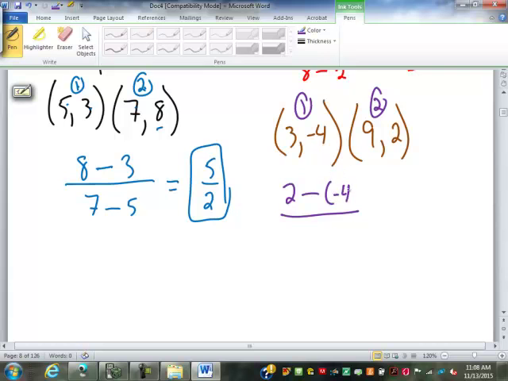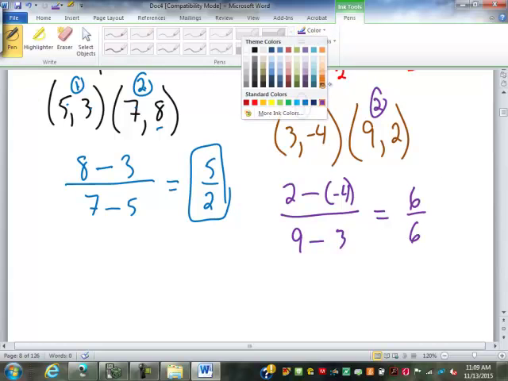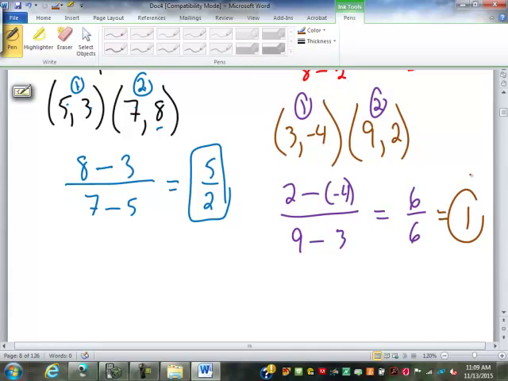So I'm going to put it in parentheses just so I don't mess that up. What is 2 minus a negative 4? Positive 6. 2 minus negative 4 is 2 plus a positive 4, or 6. What's x2? 9, minus x1, 3. 9 minus 3 is 6. So we have 6 over 6, which is a slope of 1.